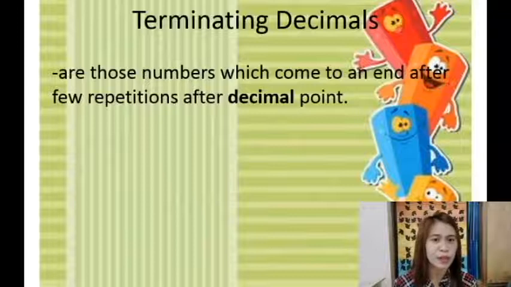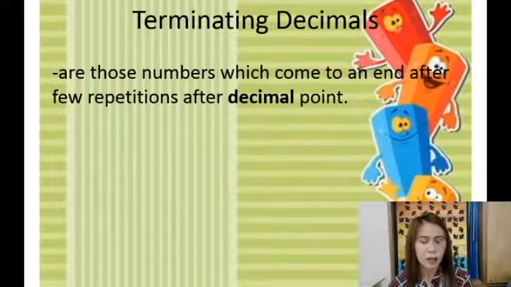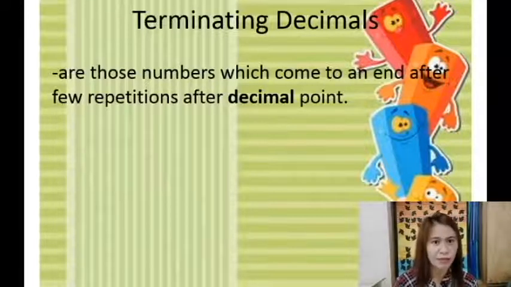For example, 0.50. Take note, terminating decimals are also considered rational numbers because we can express them as a fraction or quotient. For example, 0.50 is equal to 1/2. That is an example of a terminating decimal.